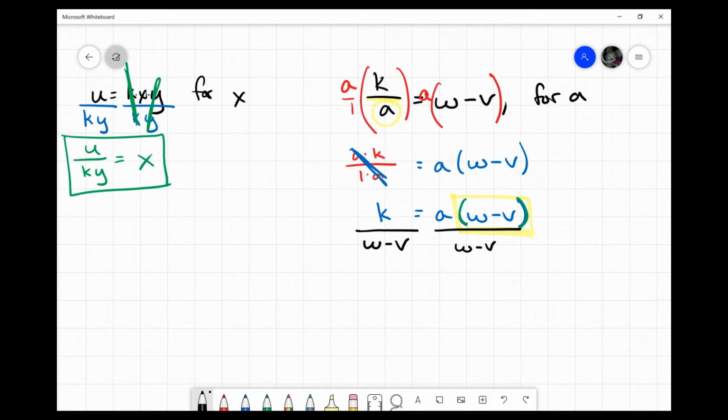And so we have a w minus v divided by w minus v, which means that this goes away. It just becomes 1. So it would be a times 1 over 1. A times 1 is a. A divided by 1 is a. A then is equal to k over w minus v.